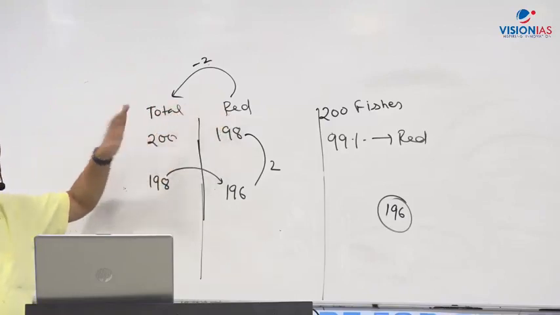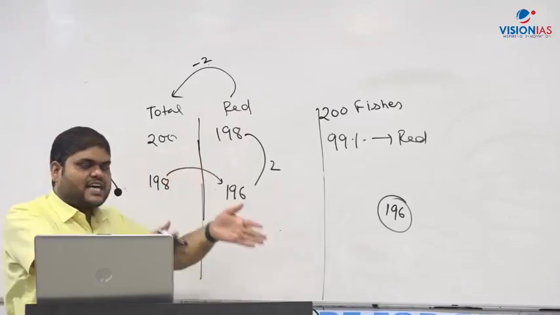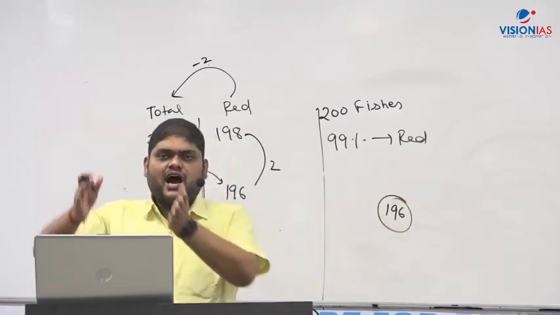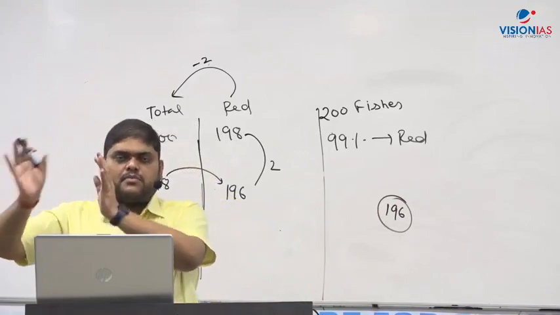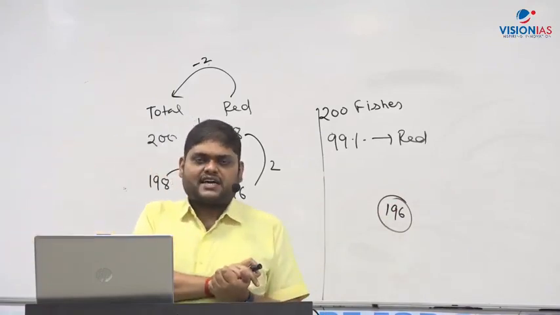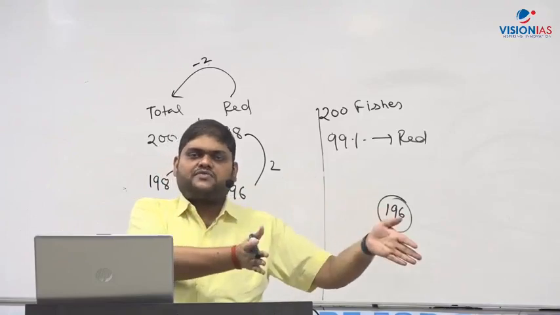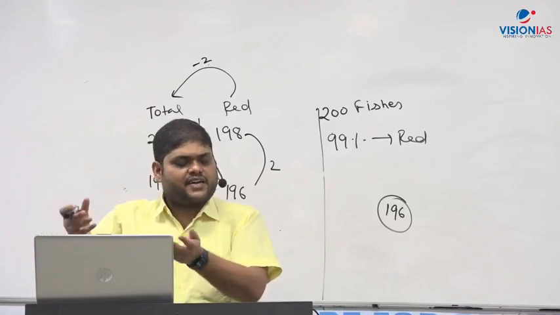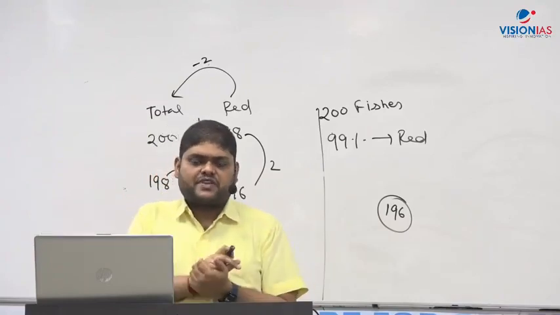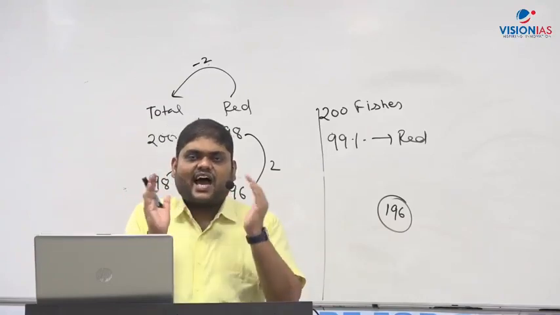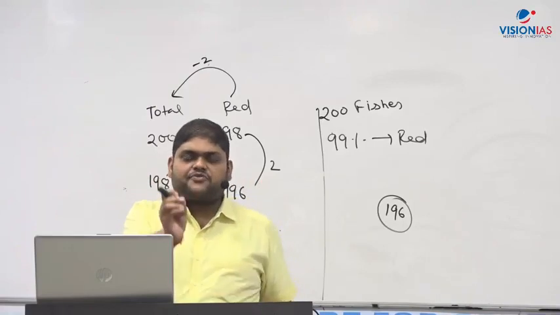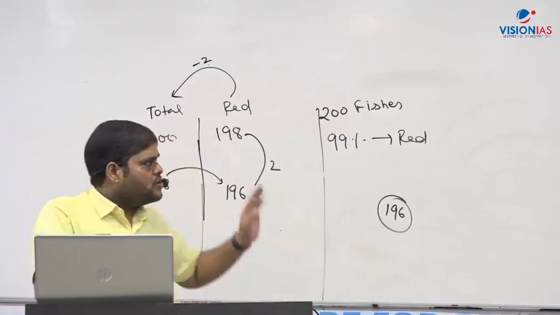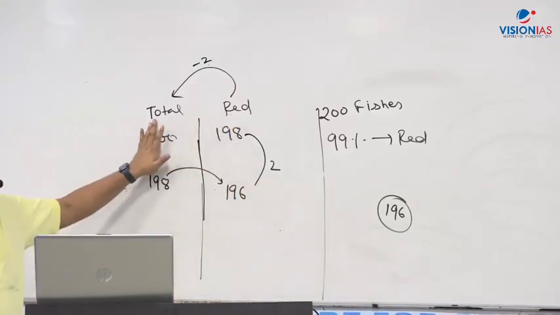If it were given that in one jar there are 200 fish, and in another jar there are 196 or 198 red fish, then the question would be different. But here, out of the total, red fish are 99%, that means 198. So they are part of the total fish.